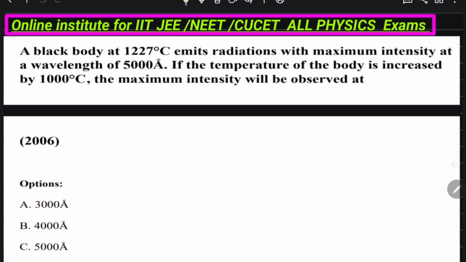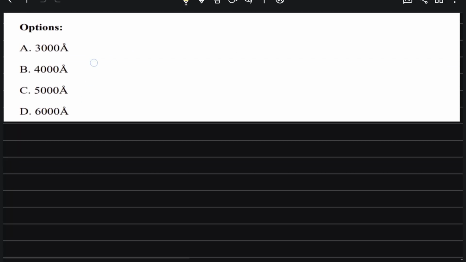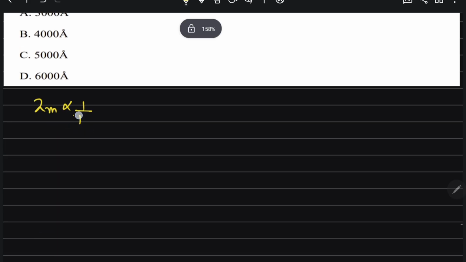This question is from 2006. A black body at 1227 degrees Celsius emits radiation with maximum intensity at wavelength 5000 angstrom. If the temperature of the body is increased by 1000 Kelvin, what is the wavelength of maximum intensity? Wavelength and temperature have an inverse relation. So lambda 2 by lambda 1 is equal to T1 by T2.